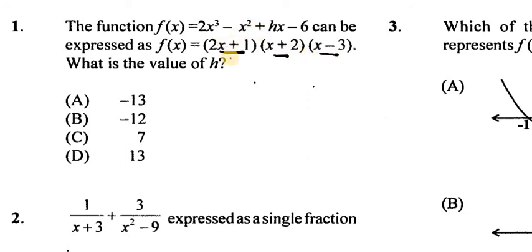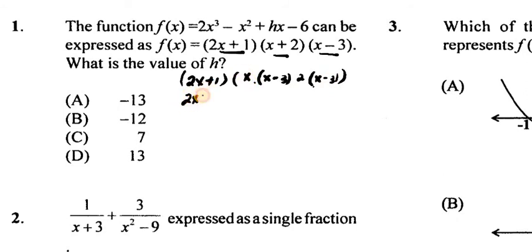So we are going to expand the terms in the bracket and then equate it to the first f of x function, and see what the coefficient of x is equal to. So this will be 2x plus 1 being multiplied by x into x minus 3 plus 2 into x minus 3.